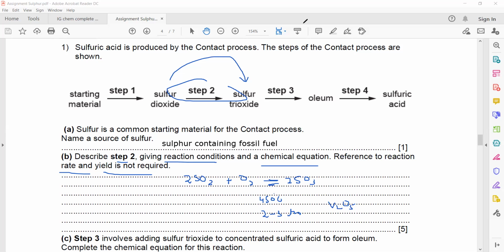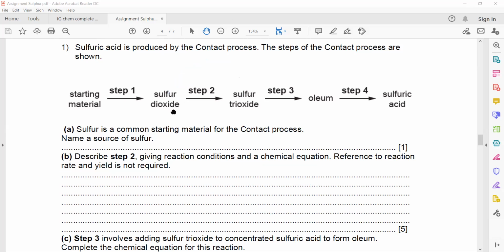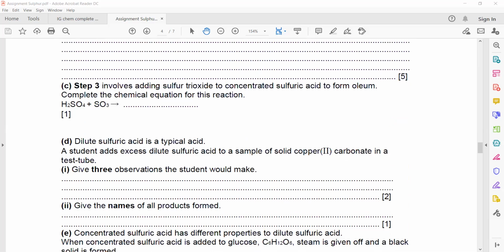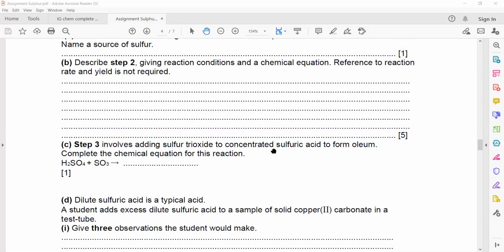I wrote in short, but you can write in detail, like in words you can mention, like temperature required around 450 because the reaction is exothermic, but you don't have to mention the yield and the rate. Why it is of 5 marks?